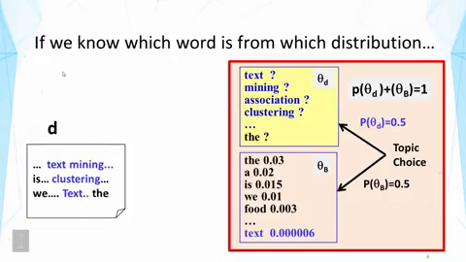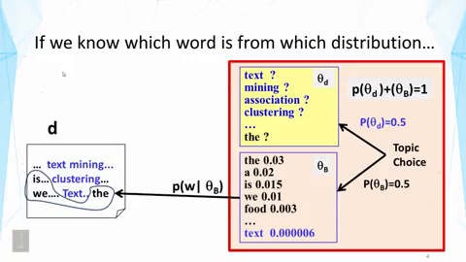Now, let's start with the idea of separating the words in the text data into two groups. One group would be explained by the background model. The other group would be explained by the unknown topic word distribution. After all, this is the basic idea of mixture model. But suppose we actually know which word is from which distribution.